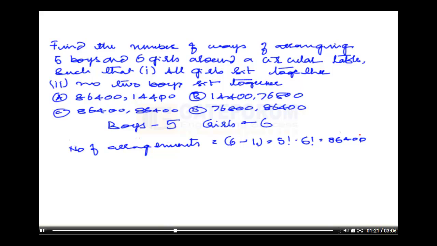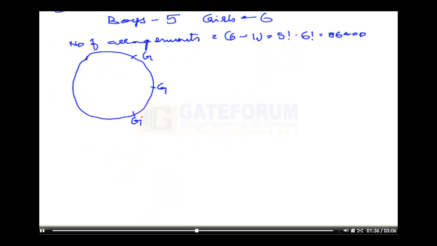In the second case, no 2 boys have to be seated together. That means on either side of a boy we should have a girl. So in this case, first we arrange the girls at the circular table, and in between them we have places for the boys.